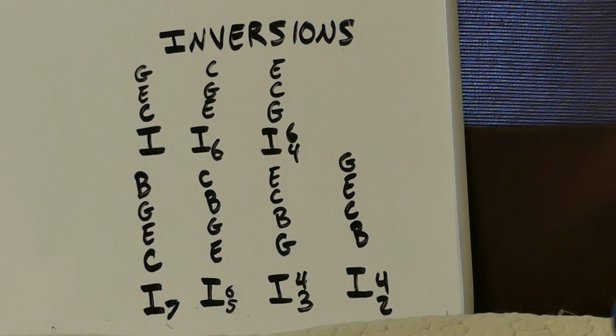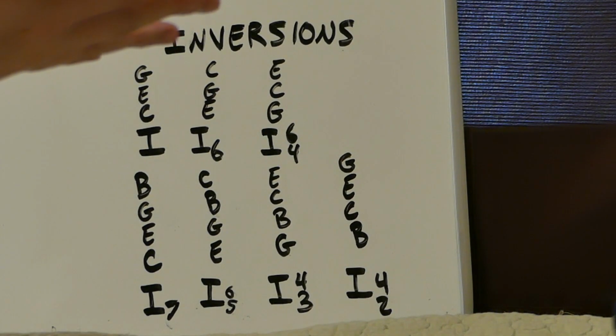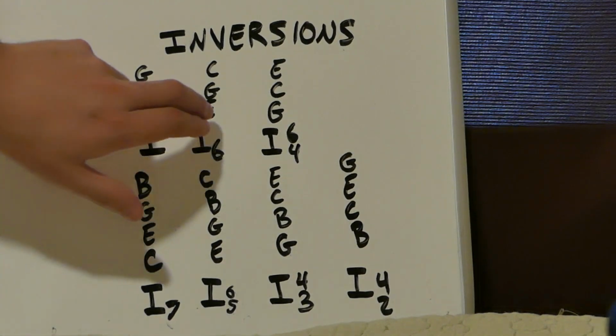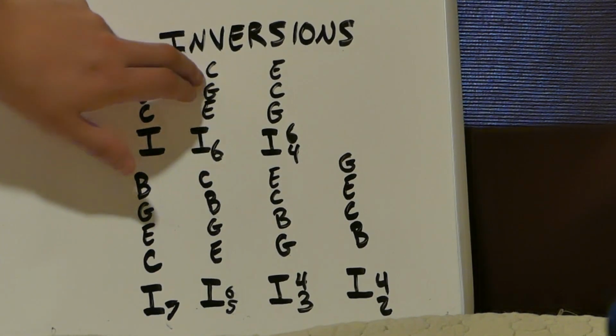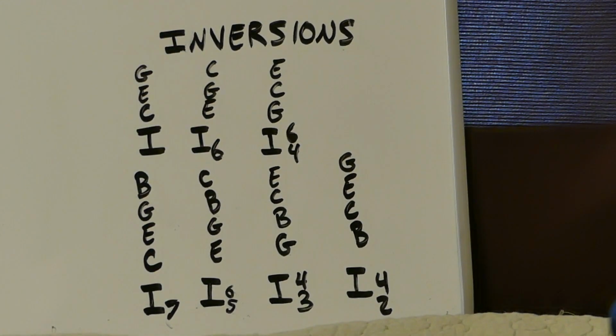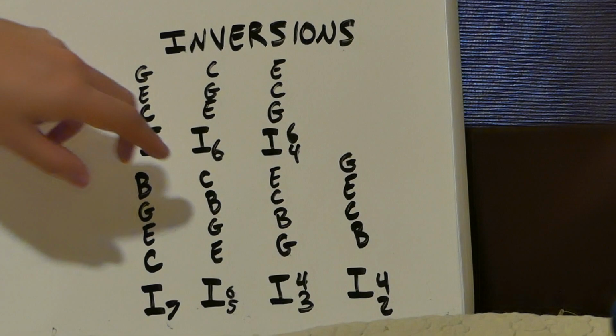So basically you have E is your 1, and then F, G, A, B, C. So the distance between E and the root of our chord is a sixth away. So that's where the 6 comes from.